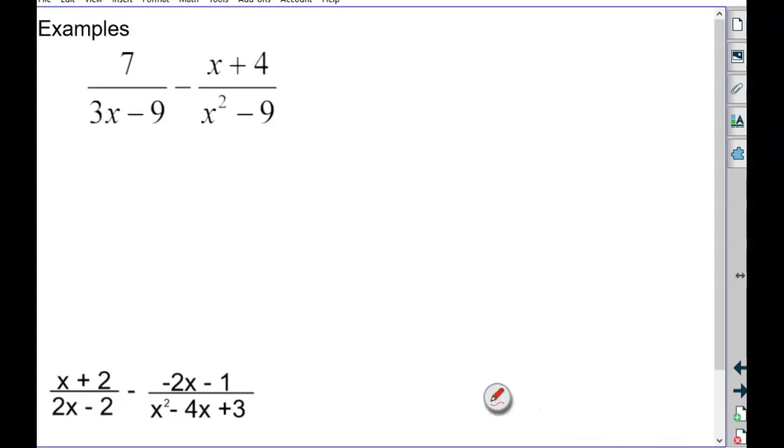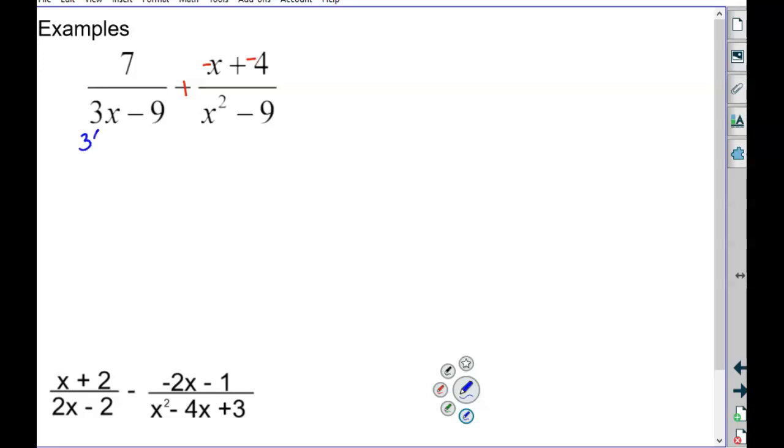So, the very first thing I'm going to do is say, you know what, I don't want that to be subtraction. I want it to be addition. But it's going to turn every sign past that opposite. So think of that as a negative x plus a negative 4. All right. So now I need to find that least common denominator, but I need to factor these first.